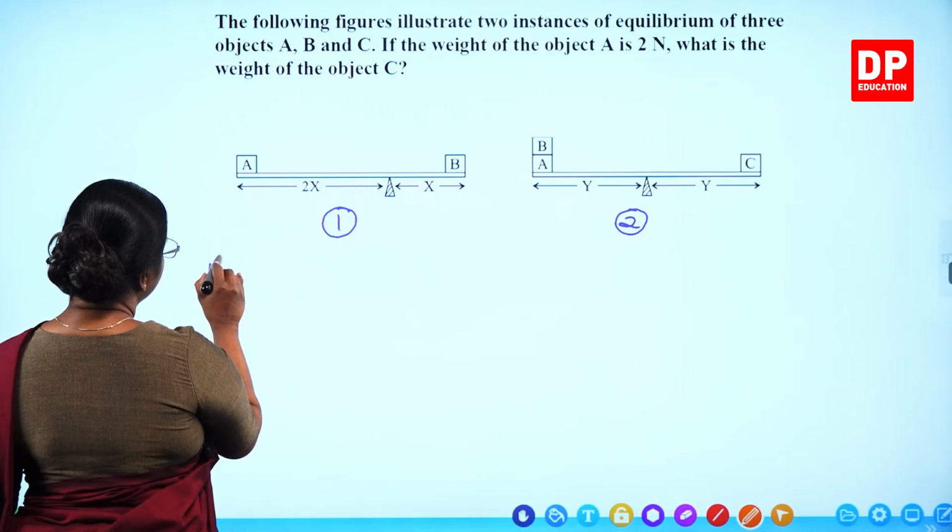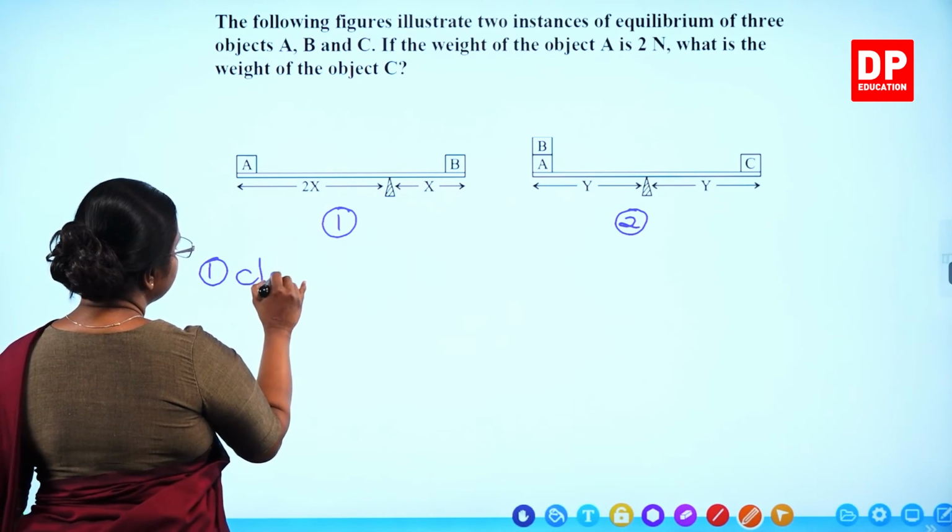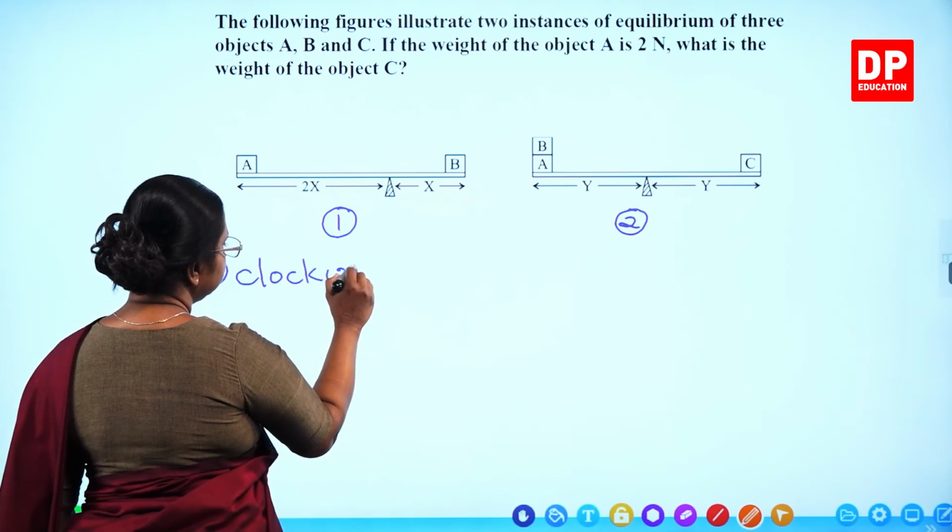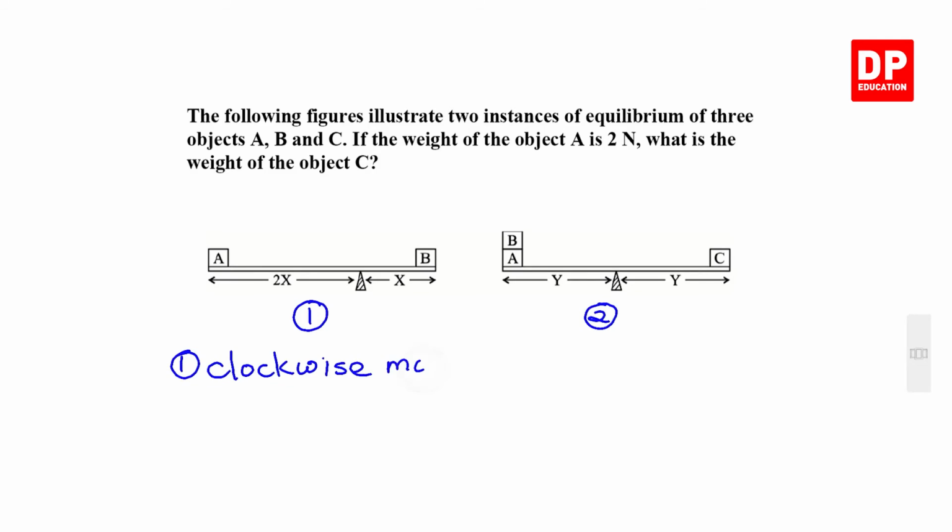So from 1, clockwise moment should be equal to anti-clockwise moment.